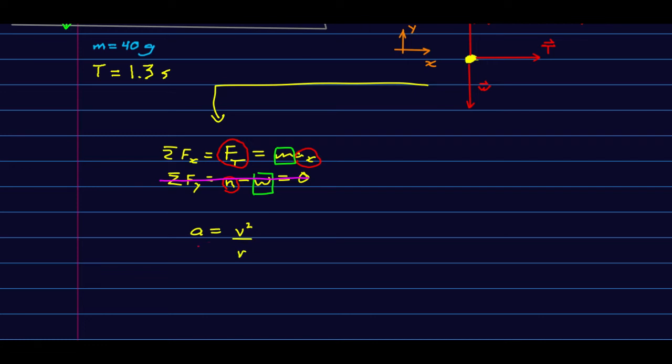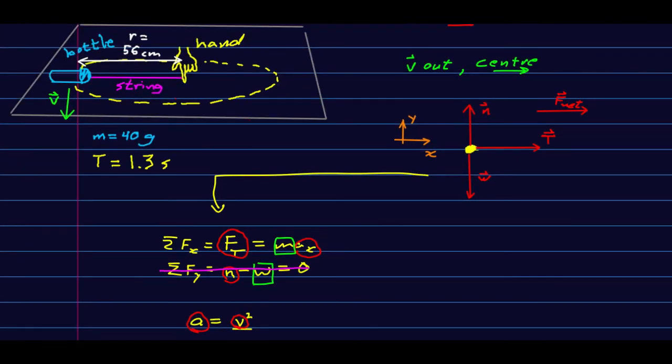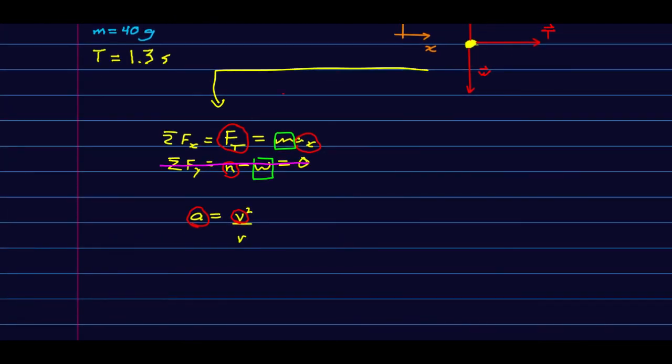But that may seem like it doesn't help us so much because we don't know v. Except that we have enough information to get v, because as we saw in the last lecture, if you know any two of v, r, and T, then you can get the third. And so we can use that v is the circumference over the period.